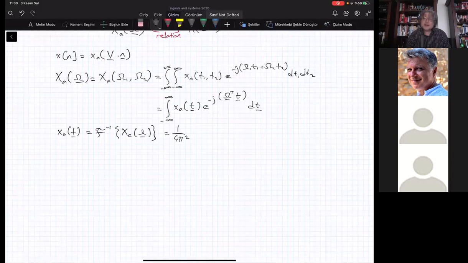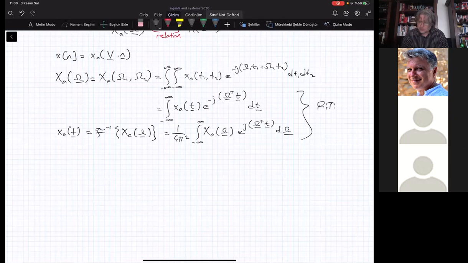First, I'm writing the signal in terms of the inverse Fourier transform of the Fourier transform, and that also gives you the notation of how to write the inverse Fourier transform, by the way. That is xa of omega e to the j omega transpose t, and this is d omega. So these two things are actually the Fourier transform formula for two-dimensional continuous-time signals, in other words.